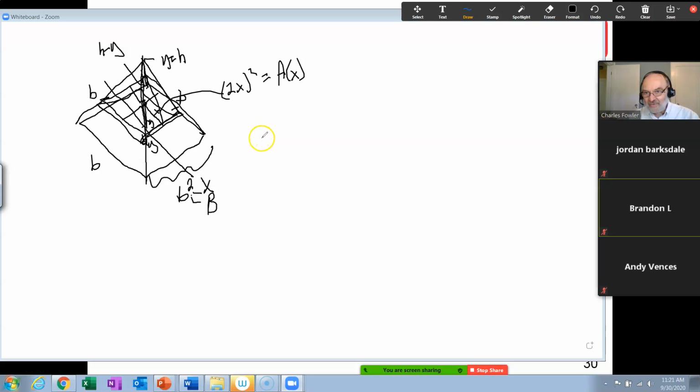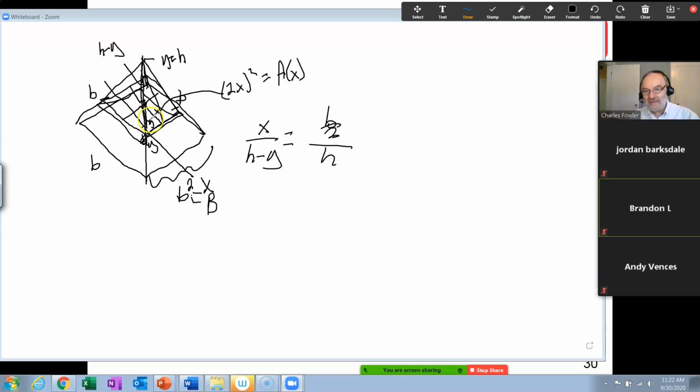Okay, so your x over h minus y, that would be this length over that length, is the same ratio as b over 2 is to h. Okay, because on the base here, your x is b over 2 here, and your height here is h.